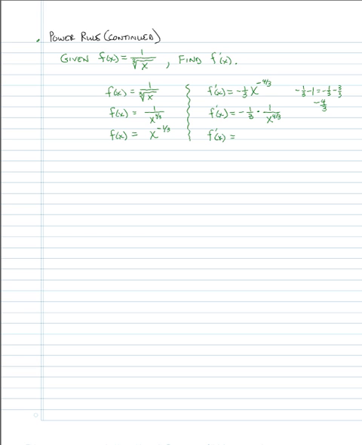We're going to have a negative fraction because it's negative times positive. On the top, we'll have 1 times 1, which is 1. On the bottom, we'll have 3 times x to the 4/3 power. Now, this might be the stopping place. Okay, that might be our result.